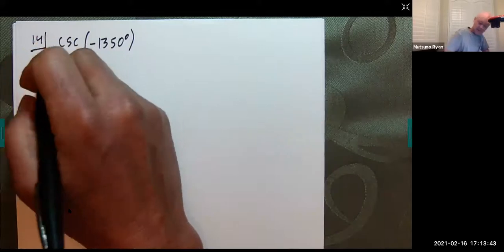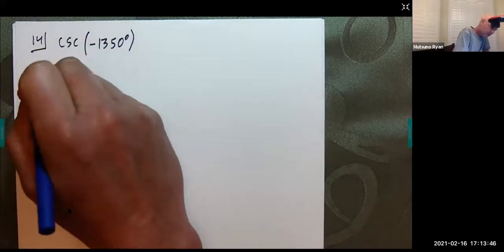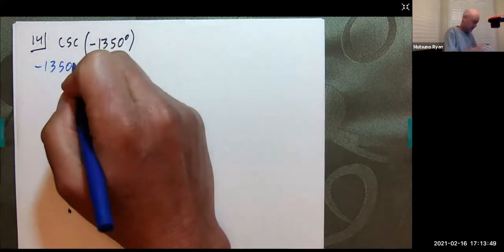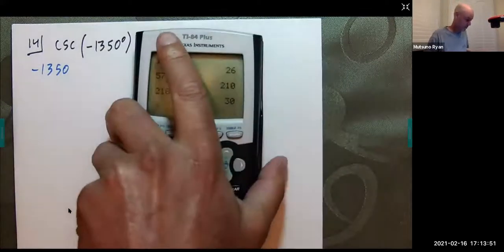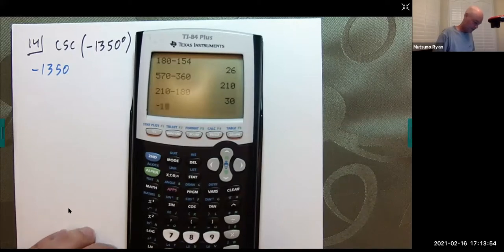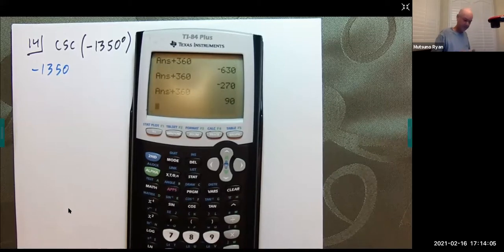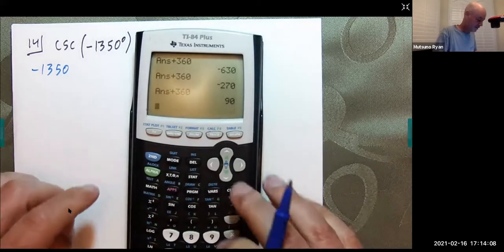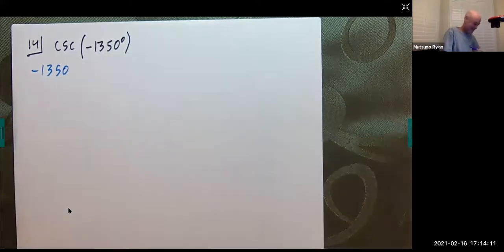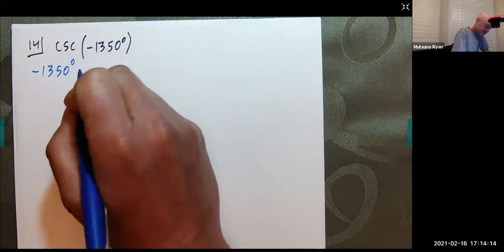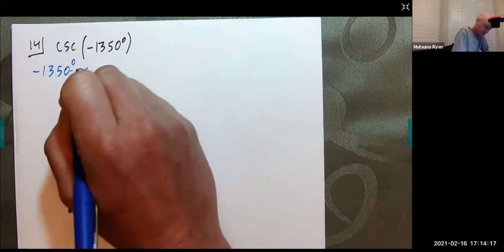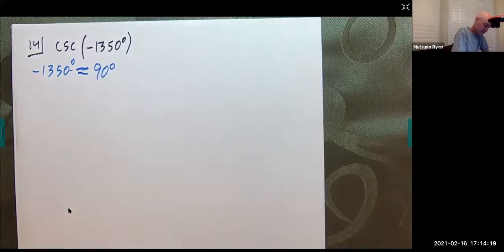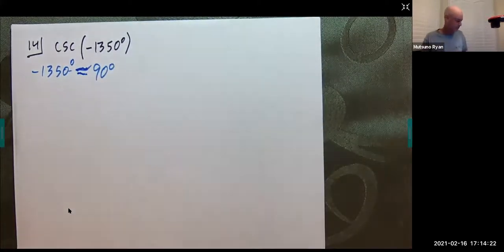So I'm going to go -1350. Let's see how many 360s we have to go. It's going to be quite a few. -1350 plus 360 plus 360 plus 360 plus 360. There we go. So this becomes exactly equal to positive 90 degrees.